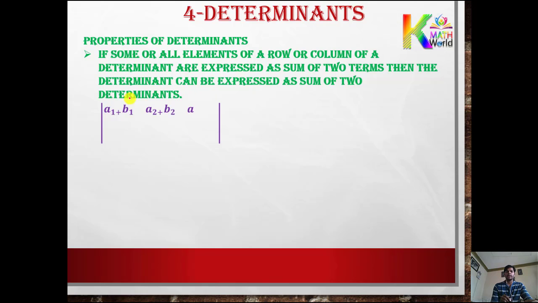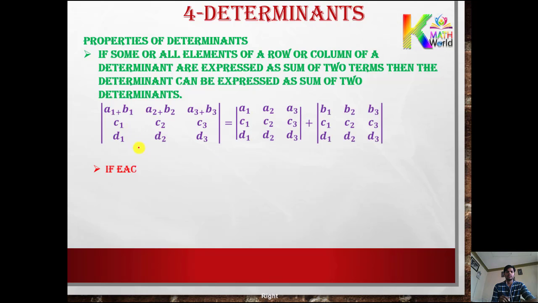You will not directly understand this property, but I can explain it to you with a particular illustration. You can see elements are expressed as a sum in the first row, while the second and third rows are as they are.